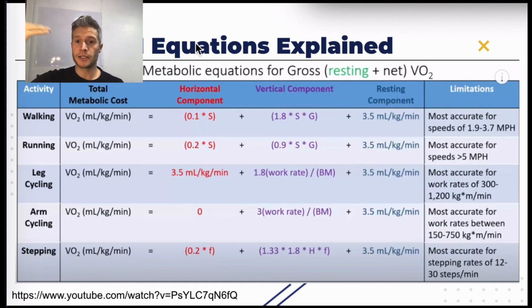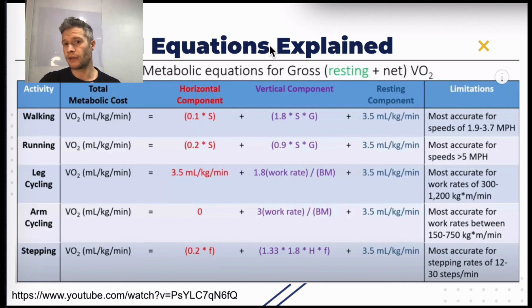Let's keep moving forward in the next steps here. In your lab manual, you're presented with two different equations, one for flat and one for incline walking and running. But ultimately, we can just use the vertical or the incline. The reason for that is if you're walking on a flat surface, what's the percentage of gradient? 0.